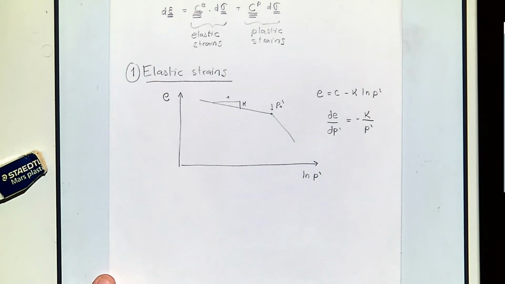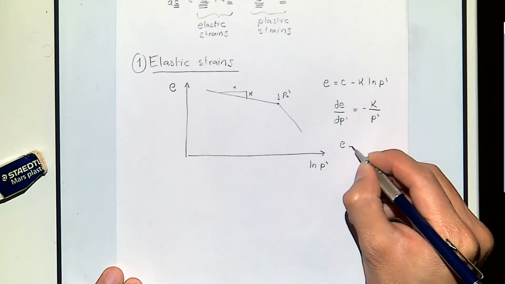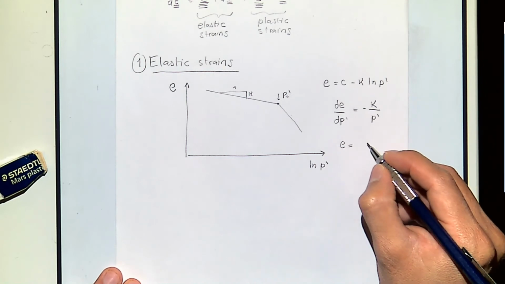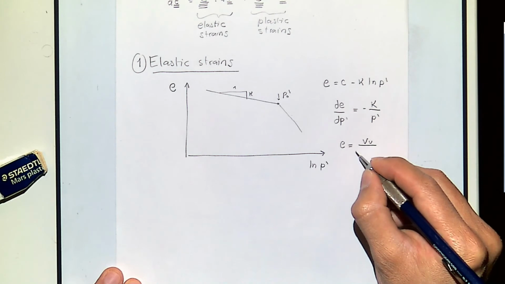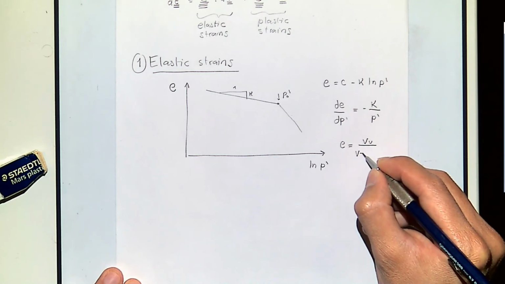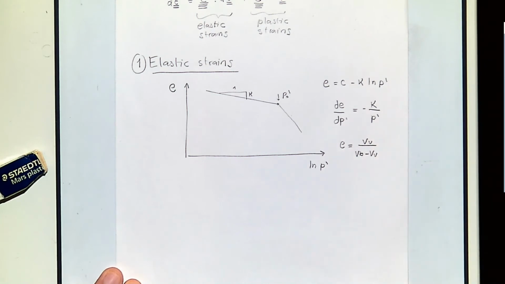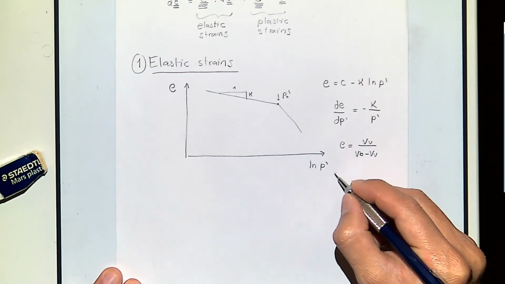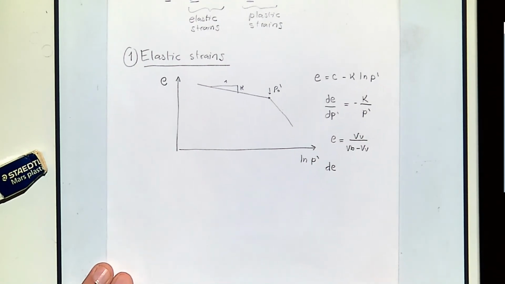Now, void ratio. If you remember, void ratio is equal to the volume of the voids divided by the total volume, or the bulk volume, minus the volume of the voids. What that means is that you have a variation of the void ratio.